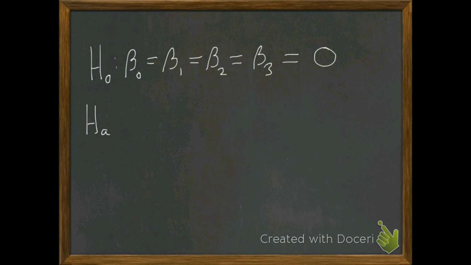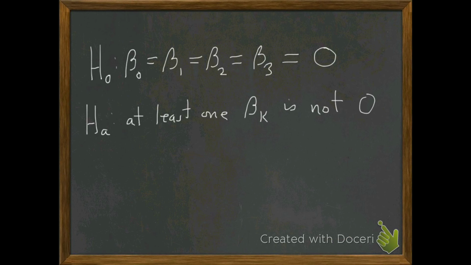If we reject the null, and I have no idea whether we're going to reject it yet or not, it's going to be based on our degrees of freedom with a test statistic of 6.67. Our alternative hypothesis is at least one of the b sub k's is not equal to 0.